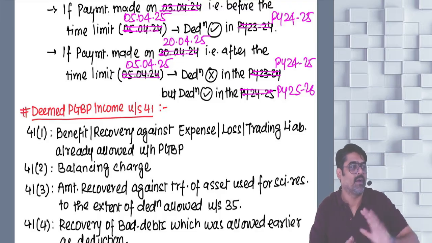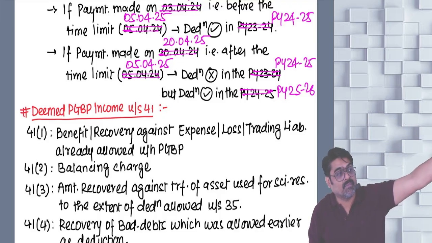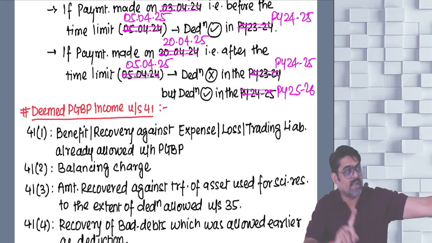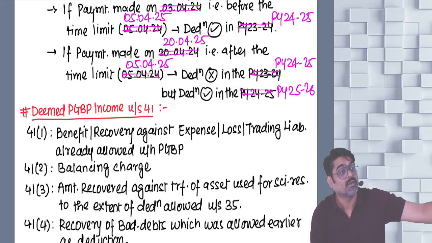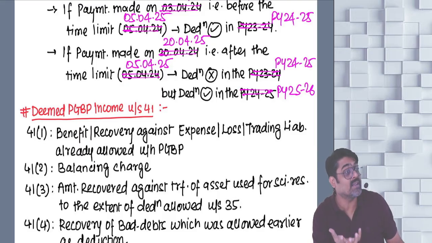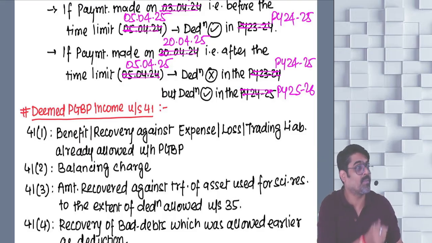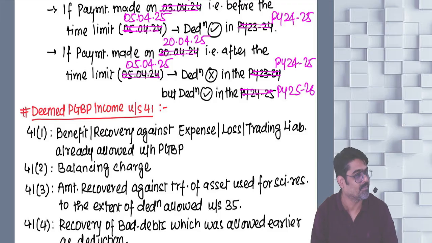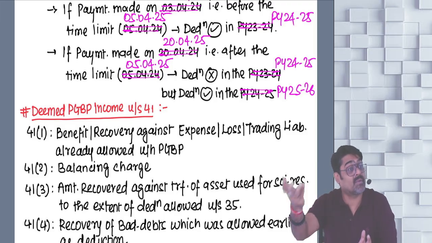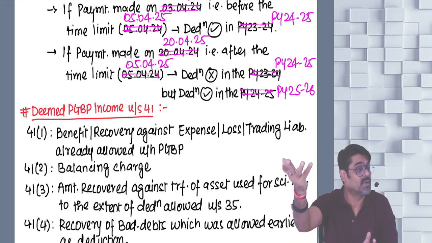Now tell me, how much deduction under the head PGBP have I claimed? 10 lakh. So against that 10 lakh, I should have made the payment of 10 lakh. But how much payment have I actually made? So that 50,000 benefit which is there in the form of discount has to be my deemed PGBP income. Because that 50,000 is against that amount which was already allowed as a deduction.